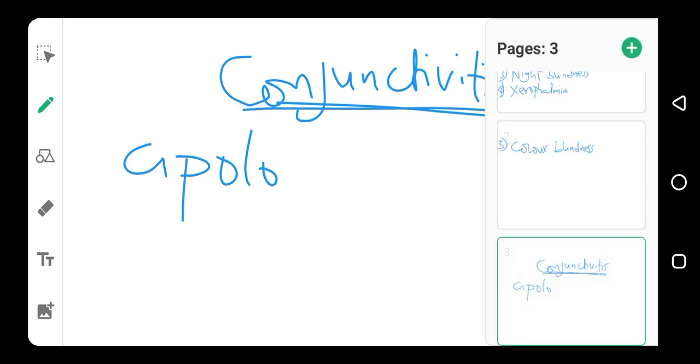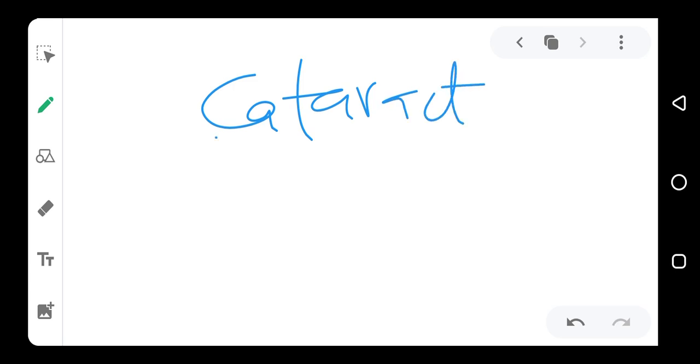Now let's look at another disease of the eye, cataract. Cataract affects the lens of the eye.